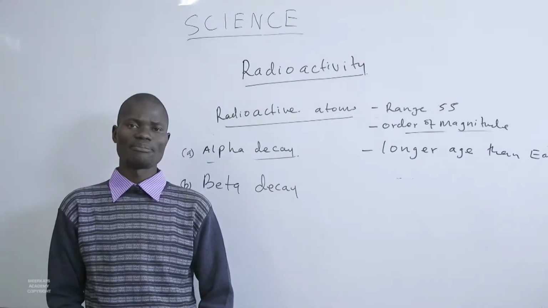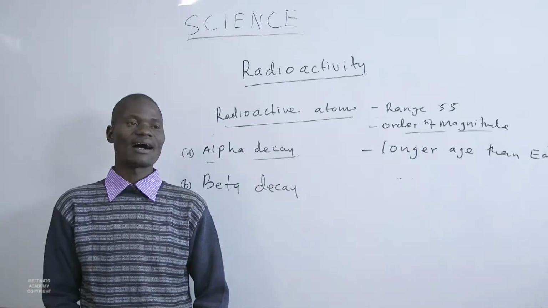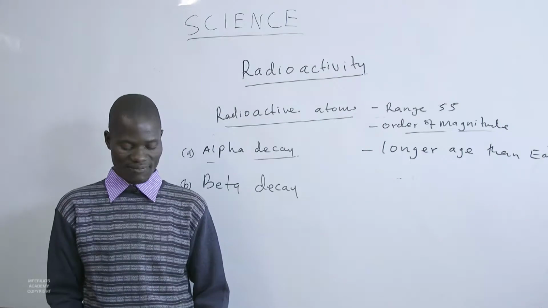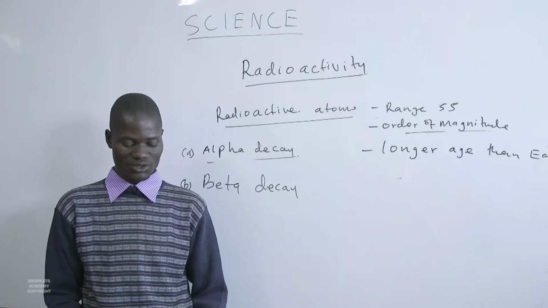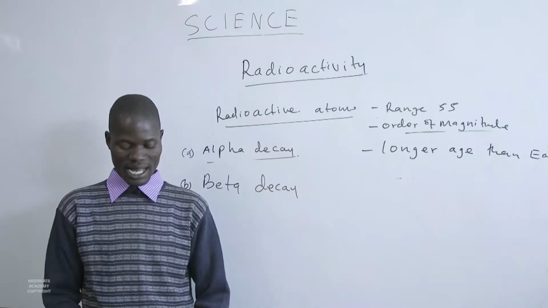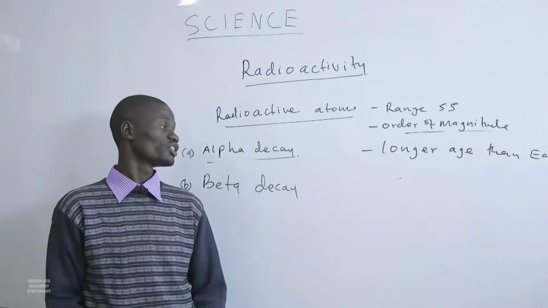When we come to the beta decay, the particles are high energy and they always have a high speed of electron for certain types of radioactive nuclei, such as potassium 40.